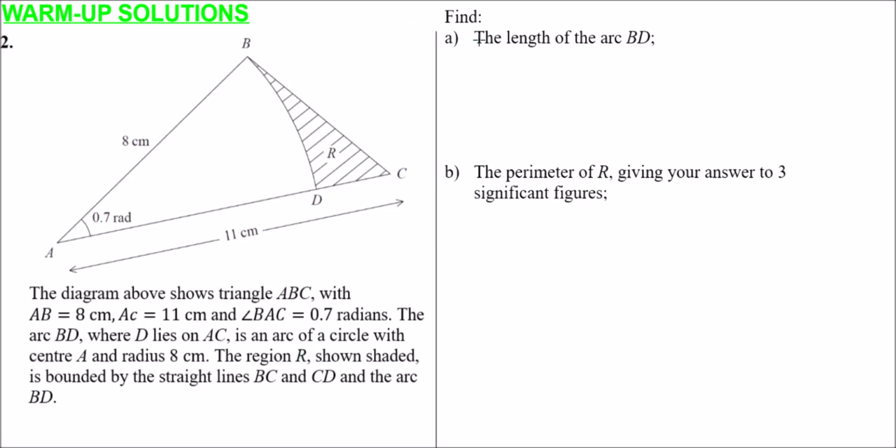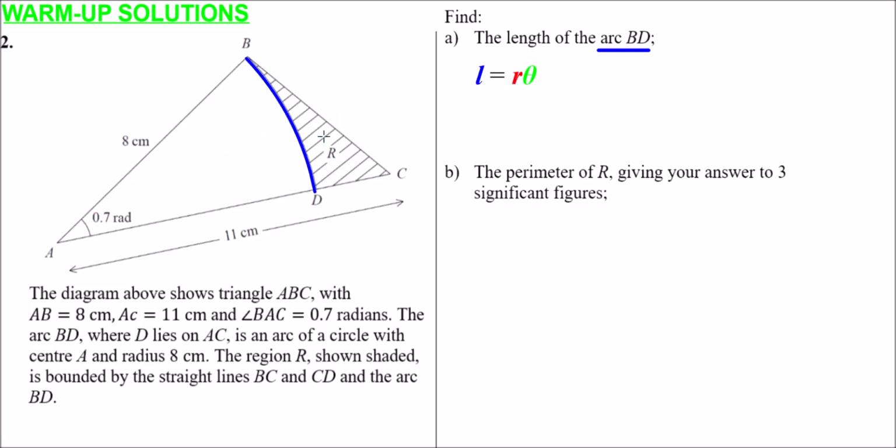So first of all, for part A, we need to find the length of the arc BD. Now this is an equation we need to remember. The length of an arc, I'll just put in the arc first. The arc from B to D is this curve, so we'll add this on in blue. The formula for the length of an arc, L, is the radius multiplied by theta, where theta is the angle in between the two radii comprising the arc.